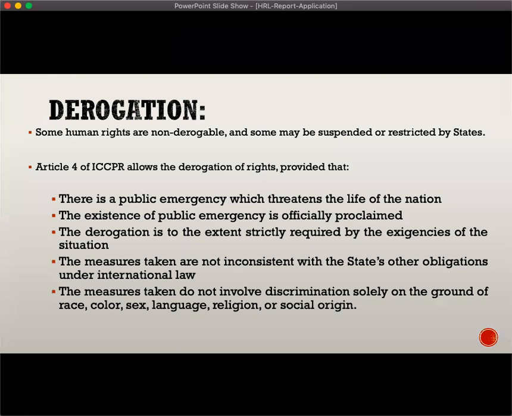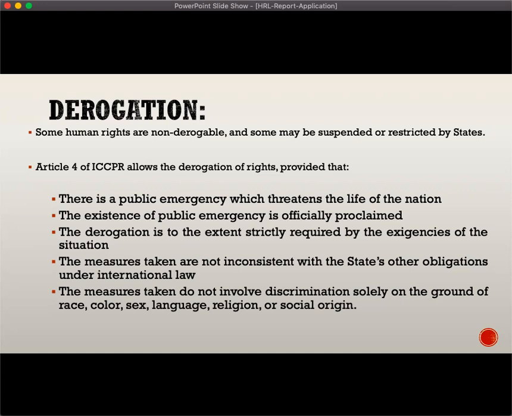Okay. So derogation. Some human rights are non-derogable, and some may be suspended or restricted by the states. Article 4 of the ICCPR allows the derogation of rights provided that there is a public emergency which threatens the life of the nation, and the existence of the public emergency is officially proclaimed.